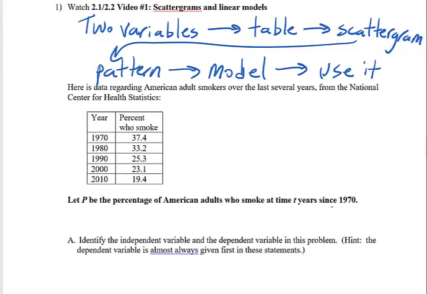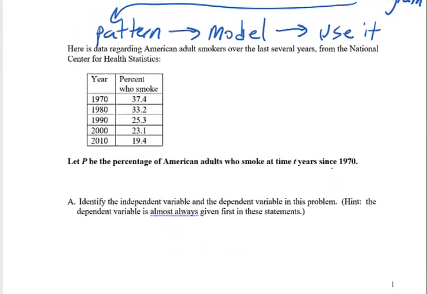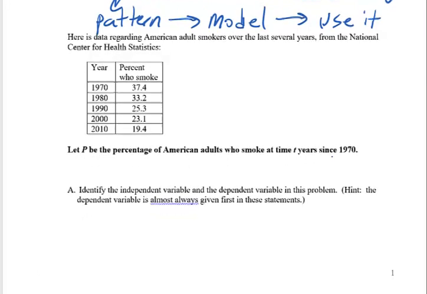All right, here's the scenario we'll look at in this first example. This is a problem where somebody is interested in looking at smoking habits in America over the last several years. Here's some data that's been collected in a table.